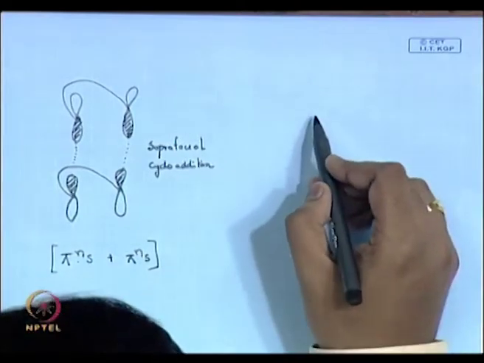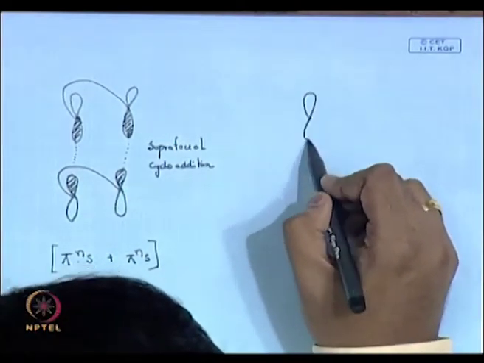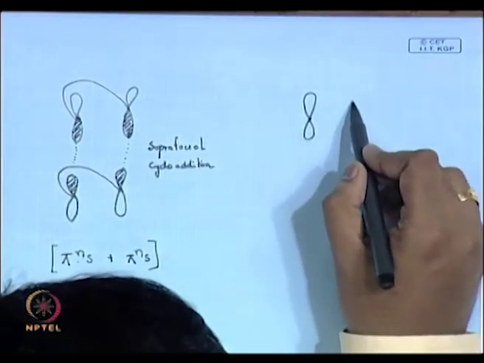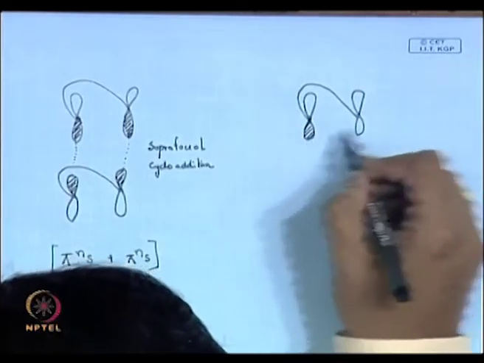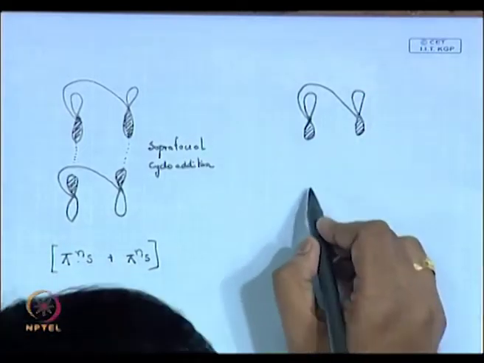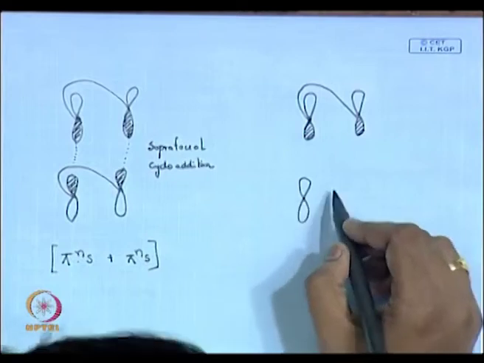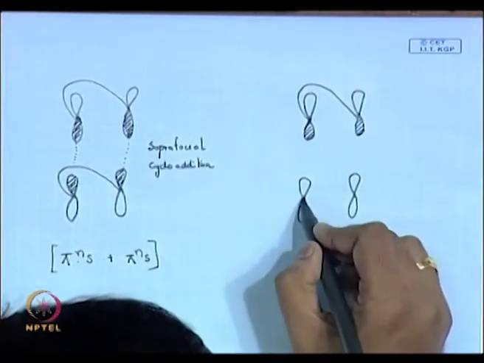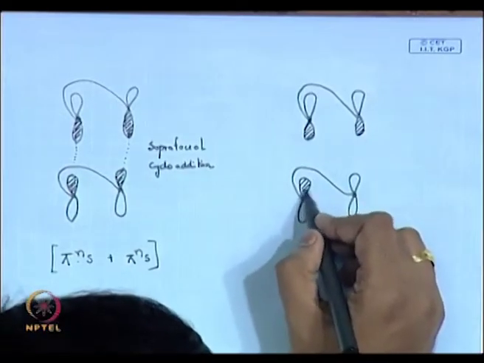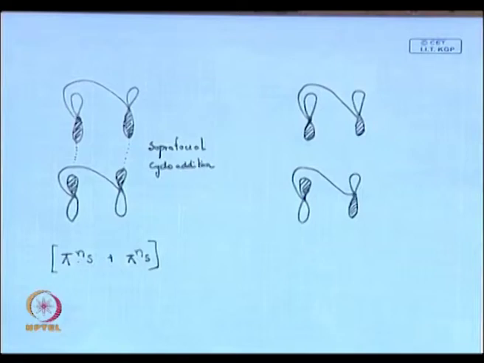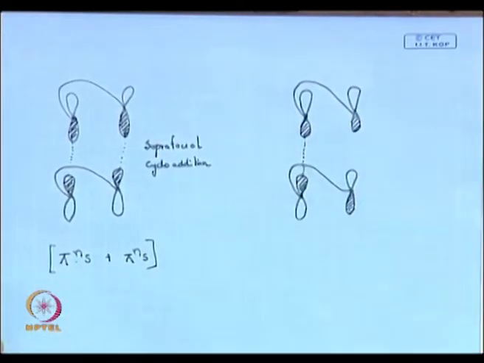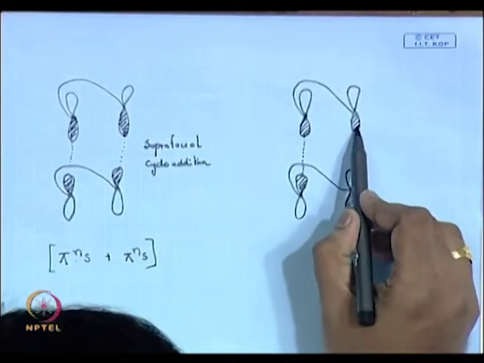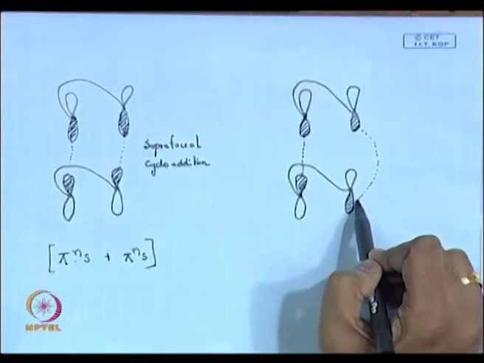If we go and see how antarafacial addition will be, with the HOMO orbital of one, in this case you can have one on the symmetrical lobe, the same side, but in the other case we will have it on the opposite side.